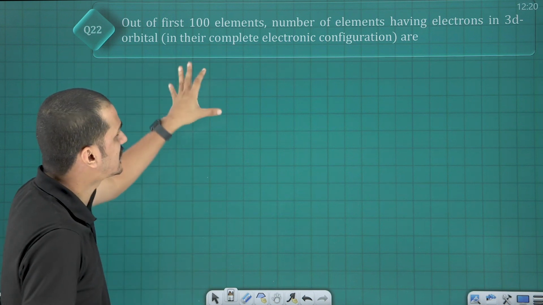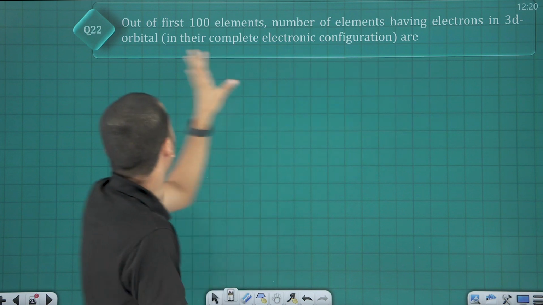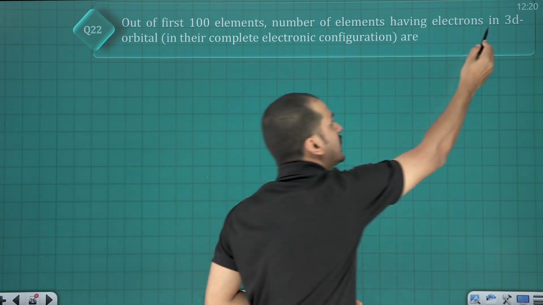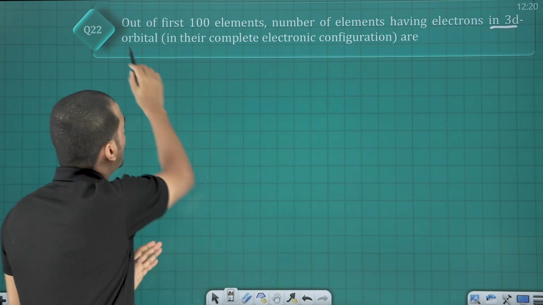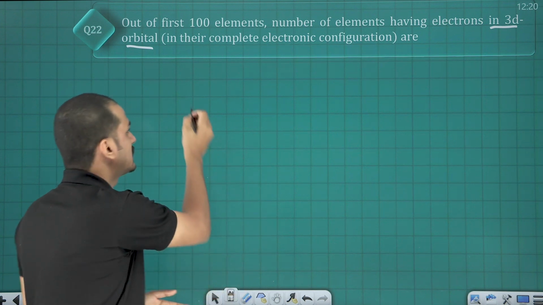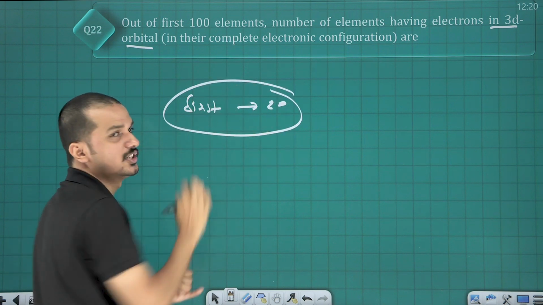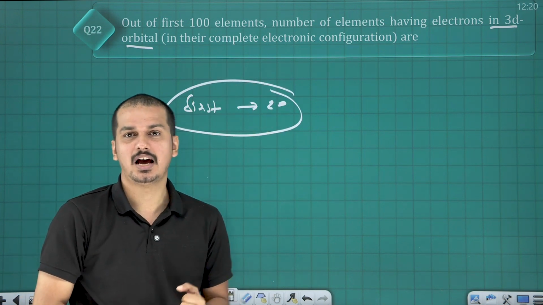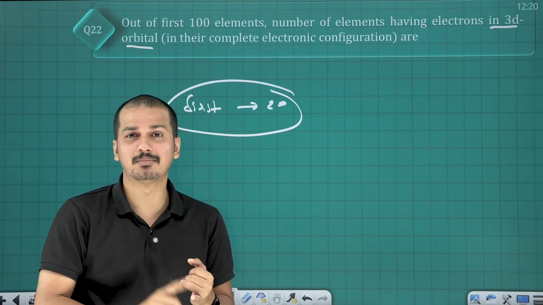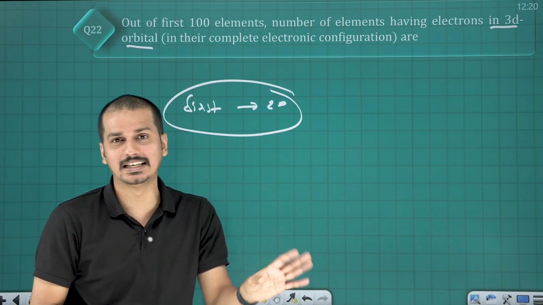Out of the first 100 elements, the number of elements having electrons in the 3d orbital. In the 3d orbital, at least one electron should be there. How many are there? We know the first 20 elements, up to calcium: hydrogen, helium, lithium, beryllium, boron, up to calcium, do not contain any d electron.